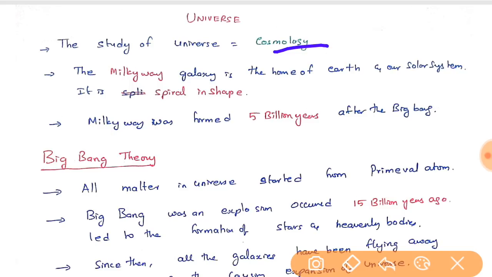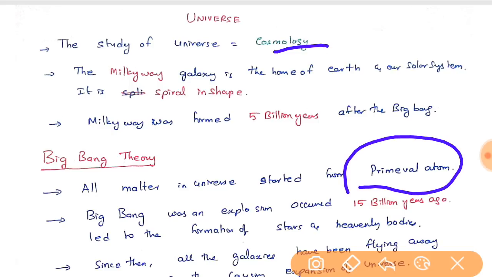So how did this universe happen? Scientists came to one theory called the Big Bang theory. They say that they have witnessed that the universe and celestial bodies are expanding continuously. They re-engineered that and said that if it is expanding, then it should have started from one point, and they said that it is the primeval atom, friends.